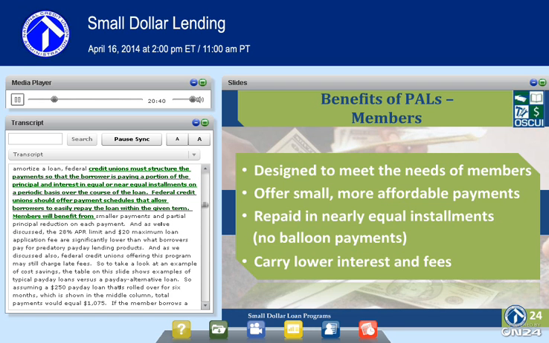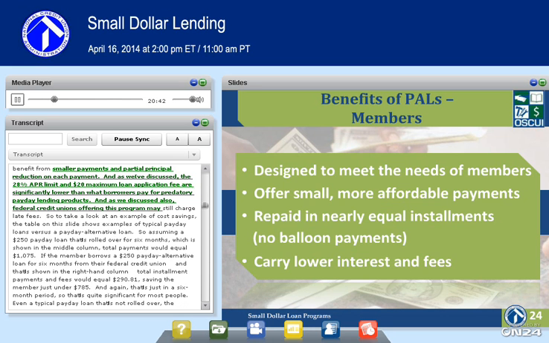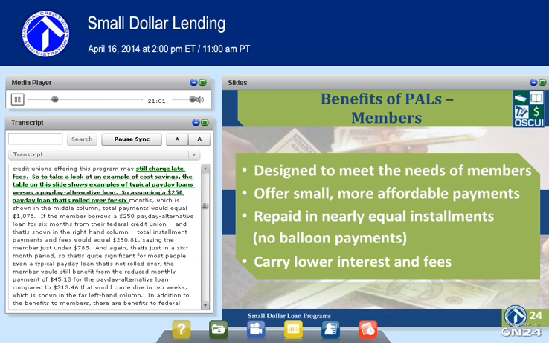Members will benefit from smaller payments and partial principal reduction on each payment. And as we've discussed, the 20% APR limit and $20 maximum loan application fee are significantly lower than what borrowers pay for predatory payday lending products. And as we discussed also, federal credit unions offering this program may still charge late fees.